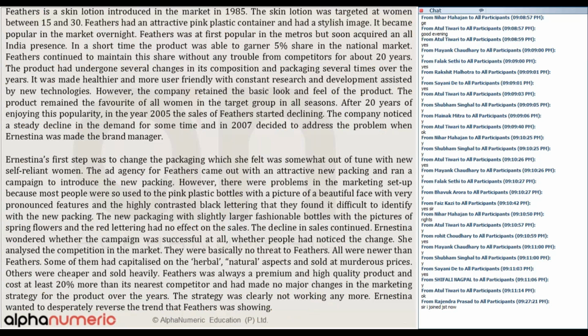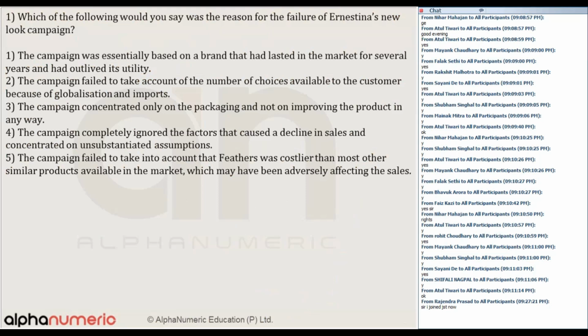For question number one, what I can see on the screen is that 0% of you had marked option number one, 0% of you had marked option number two, 33% of you had marked option number three, 50% of you had marked option number four, 3% of you had marked this one, and the remaining 13% gave no answers.